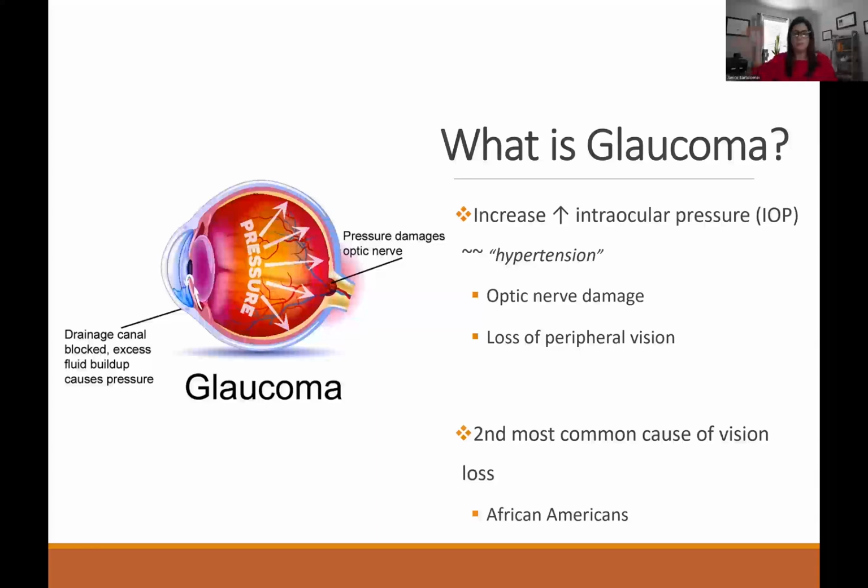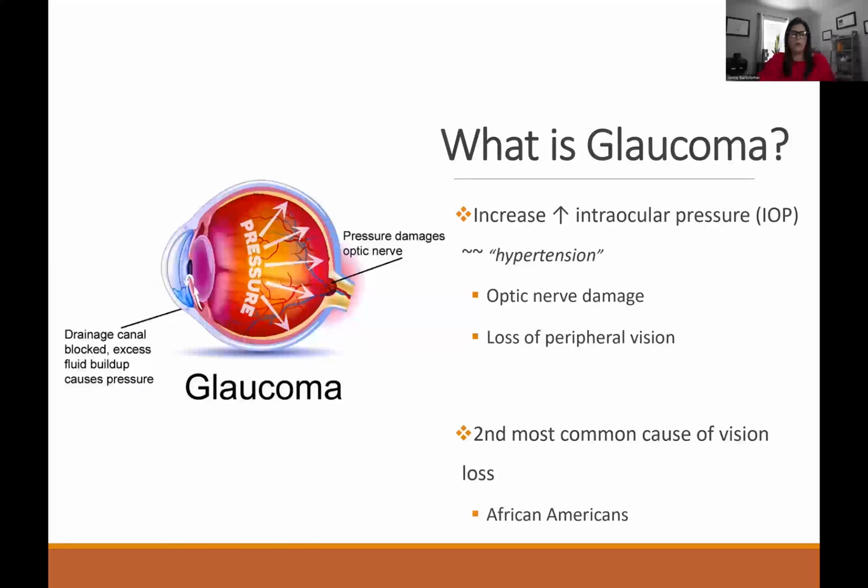Now, this is common in African Americans, people of advanced age, like elders, and also individuals who don't really check their eyes regularly. It's the second most common cause of vision loss.